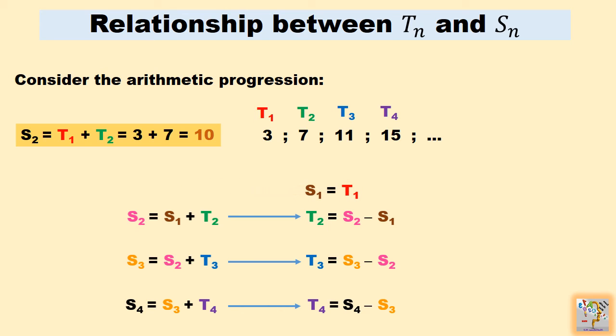So if we were to put all of them together, okay? The same one that we're talking about, if you say S1 is equals to T1, automatically it means you can still make T the subject of the formula, and then you have T1 is equals to S1.